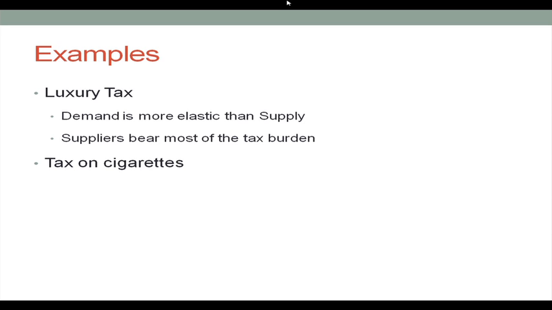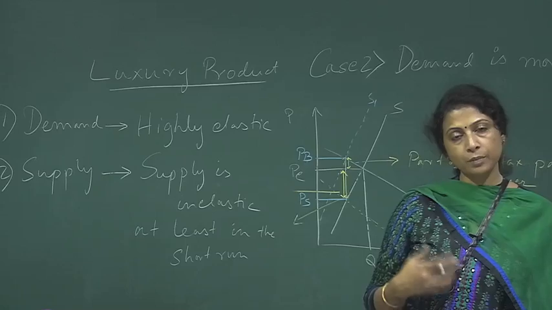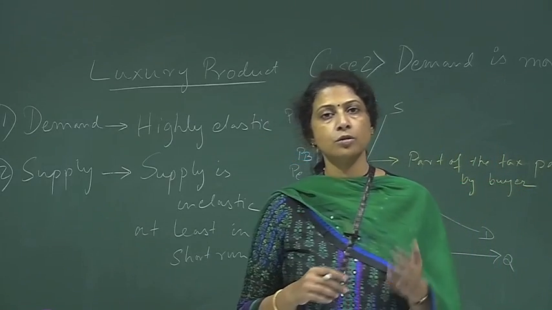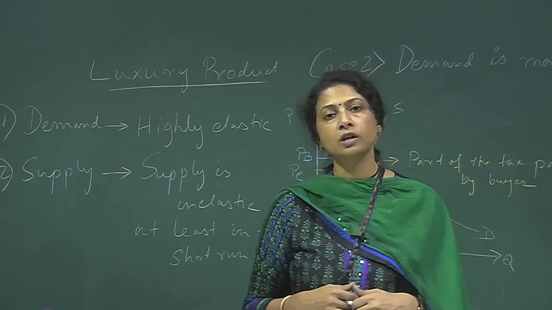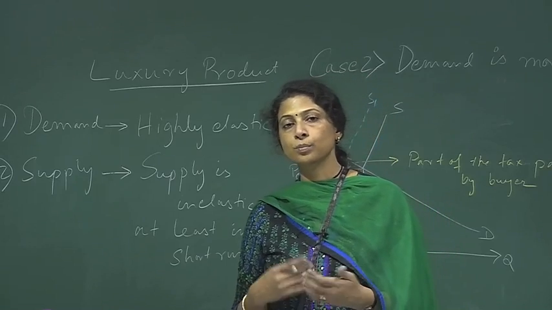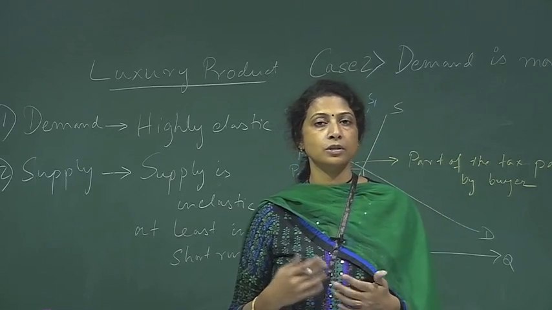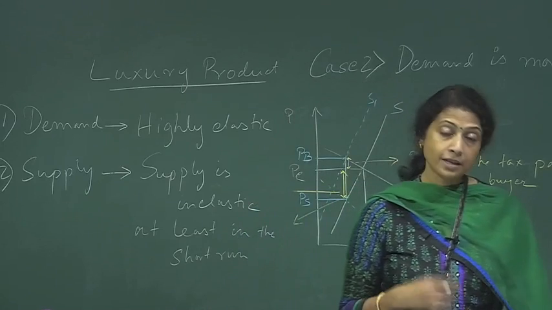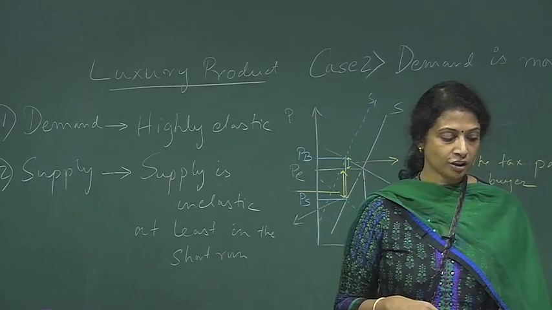On the other hand, what happens when there is a tax on cigarettes? When there is a tax on cigarettes, supply is more elastic than demand. This is because cigarettes are mostly addictive, and the smokers are probably not going to be able to change their habits, at least in the short run, and are unlikely to change their habits even in the long run.